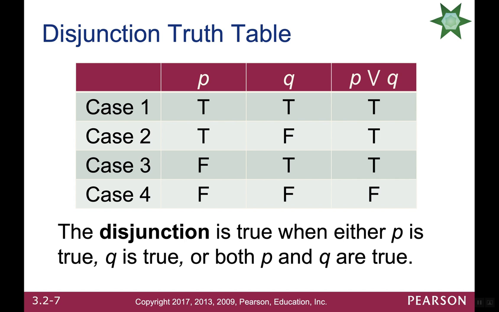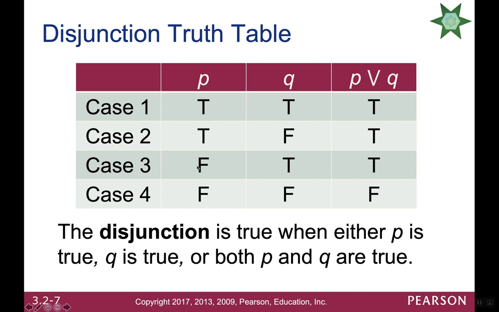It's either in one or in the other, or it could be in both. So in this case, if Mary has brown hair but Rose does not have white hair, so that's false, then P or Q is also going to be true because Mary does have brown hair.